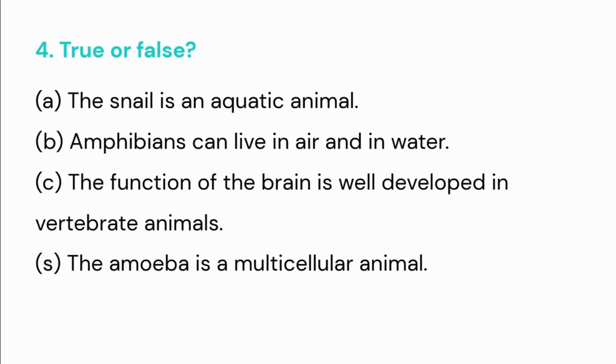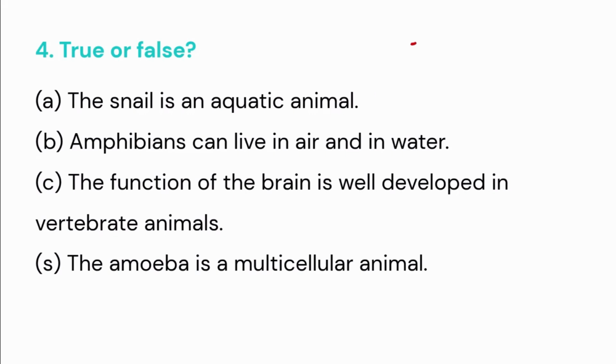Next question, the fourth question, is of true or false. The simple one. First statement: the snail is an aquatic animal. Can we see snail on the ground, on land?